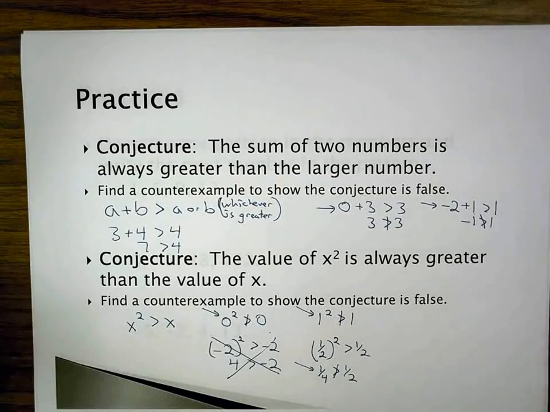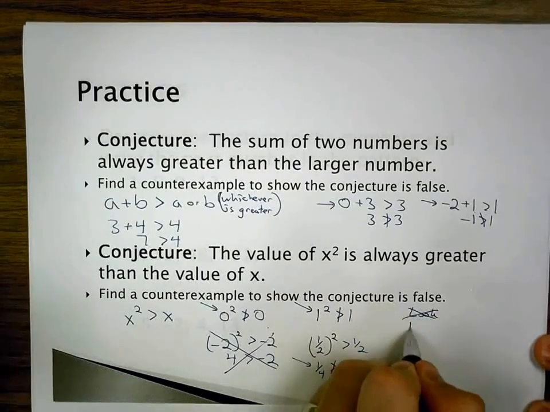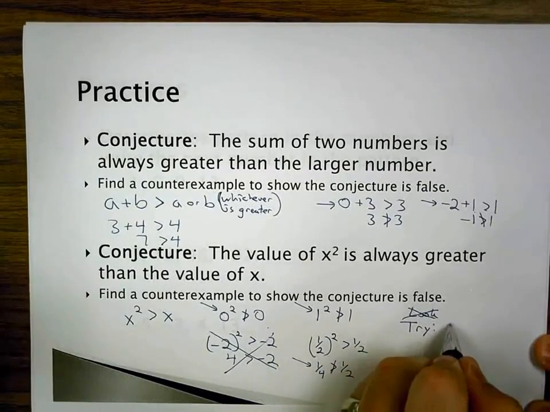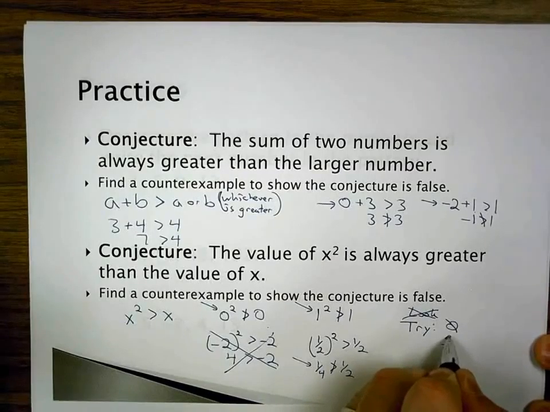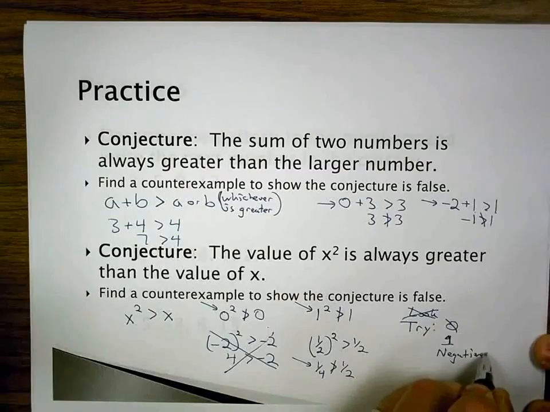Any one does work. But what I would recommend as you go through problems like this, you just try certain numbers. 1, 0, negatives, and fractions will typically be the way to find a counterexample if one does exist, and it's these types of number problems. So, maybe we should say try 0, 1, negatives, fractions.